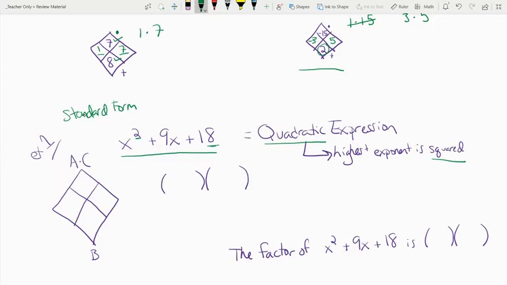Now here, we know that anytime you don't see a number in front of a variable, there's always an invisible 1 or an implied 1. And that we're going to call a. So the coefficient in front of the squared term is a.